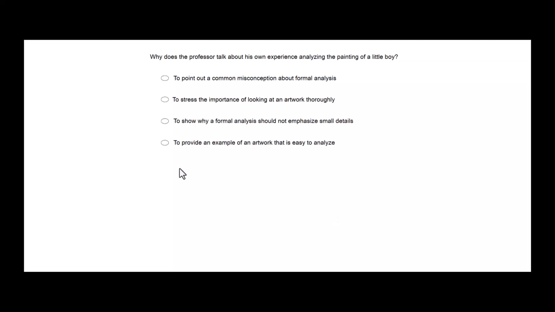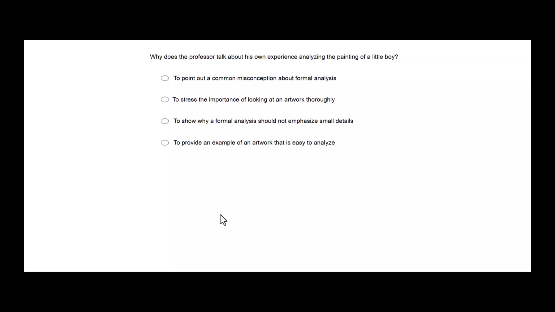Option 2, to stress the importance of looking at an artwork thoroughly. This option seems correct, and this was exactly what I mentioned earlier for answering this question. And we continue checking the remaining options.